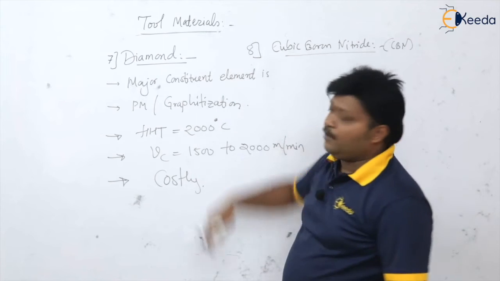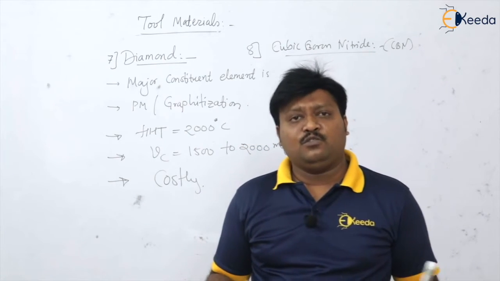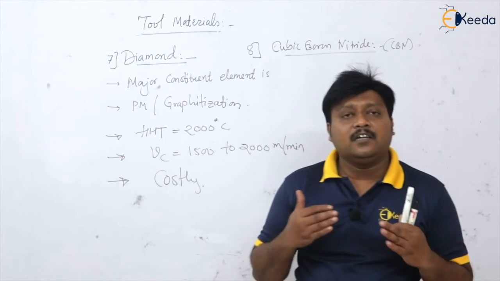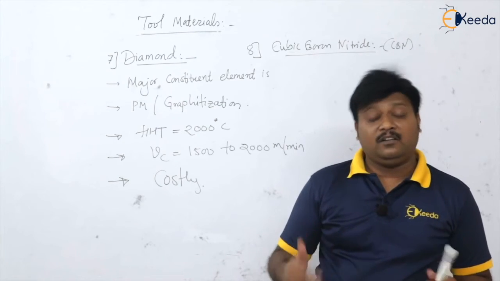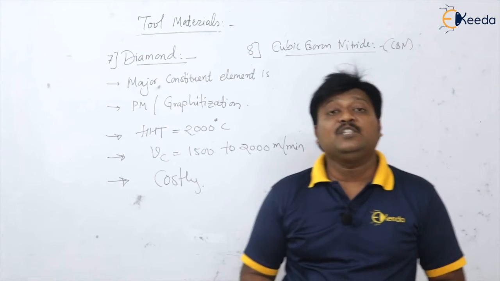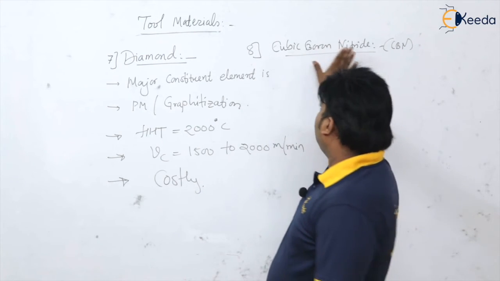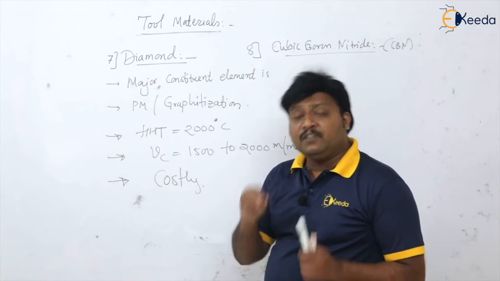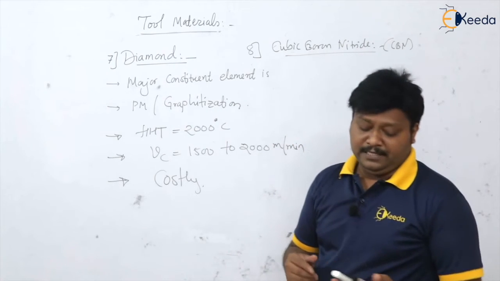All the properties are the same as those of diamond, even the cost is almost the same. The only thing is that these cubic boron nitride tools can be used for machining ferrous materials.